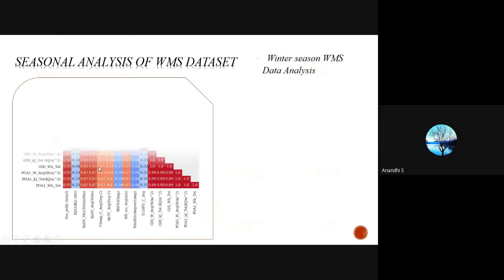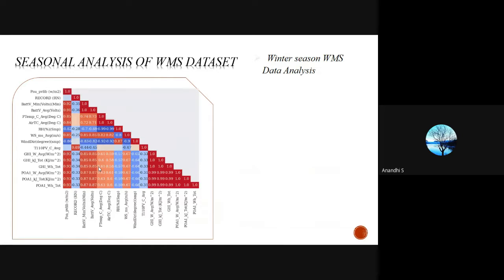Then we can find the correlation. We all know that we can correlate two values. I have customized this heat map for correlation in winter season, so that if it is near to 1 or near to -1, then it is said to be highly correlated.